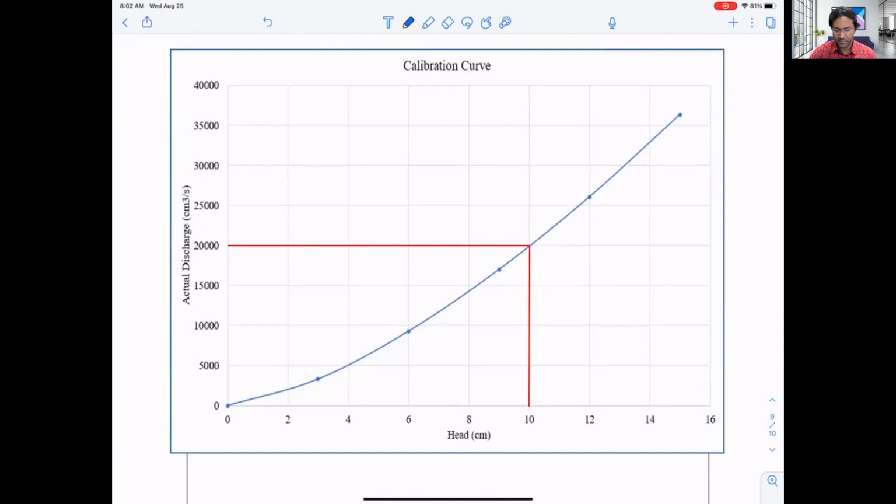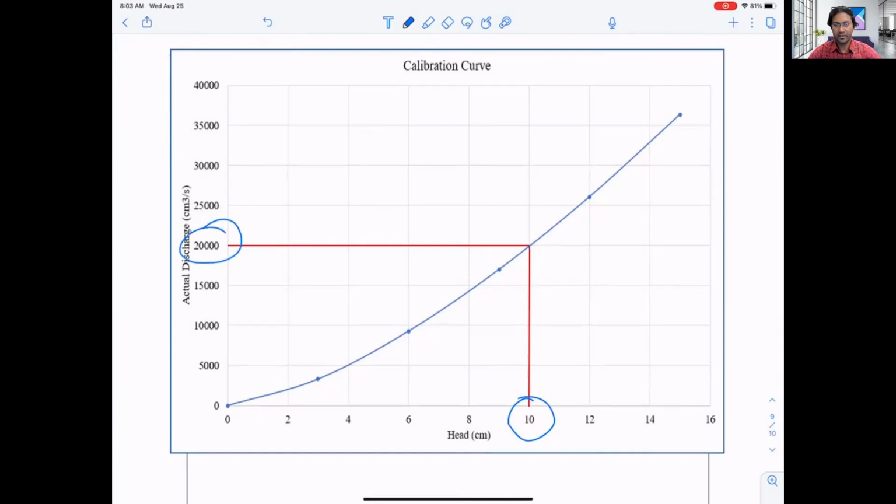So now if you plot this one and paste this graph on a board or anywhere, somewhere close to that weir, someone will come and take the measurement. If he has a measurement of h as 10 centimeter, then he will directly read that graph, and he will get 20,000 centimeter cube per second flow rate.